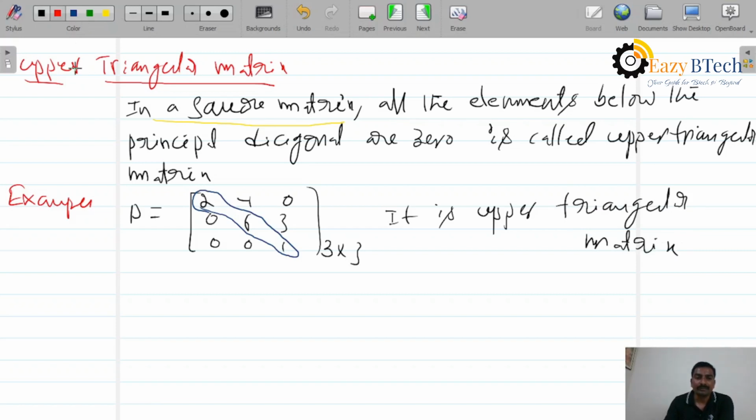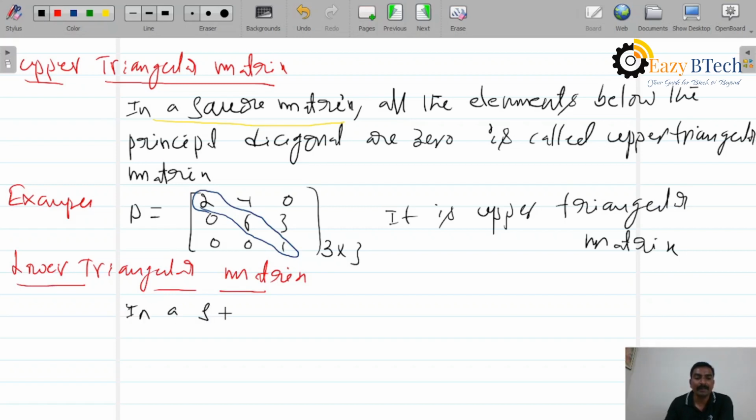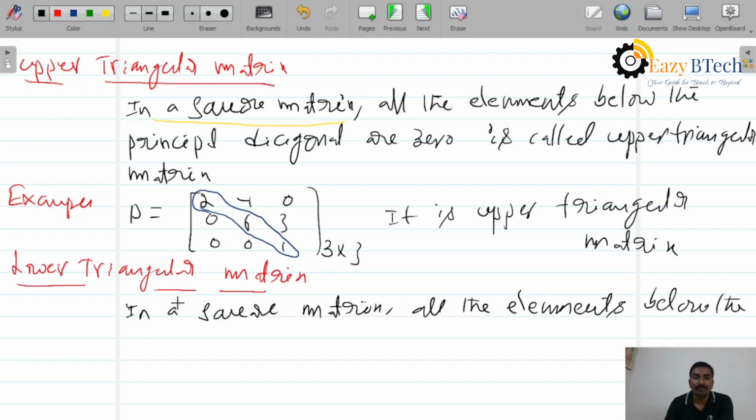Similarly we can define the lower triangular matrix. What is the lower triangular matrix here? The lower triangular matrix means similarly the same thing. In a square matrix, all the elements below the principal diagonal, sorry, above the principal diagonal are 0, then it is called a lower triangular matrix.